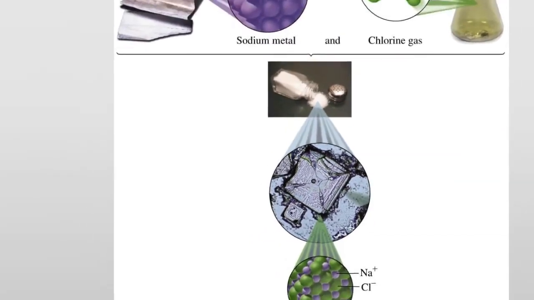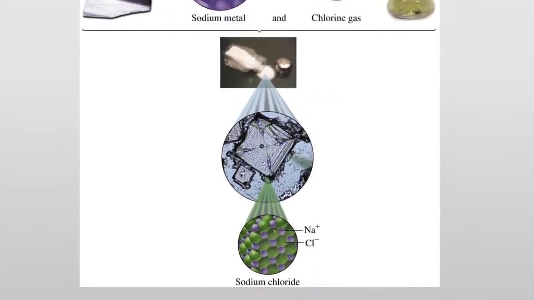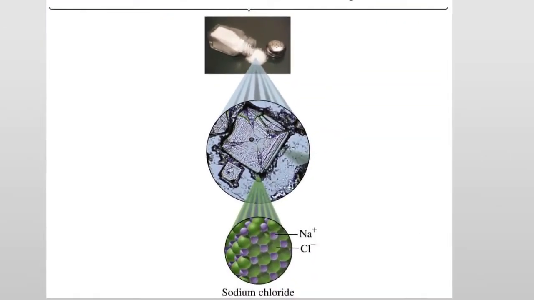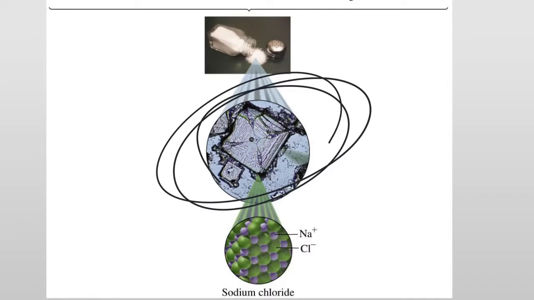And so you can see that here. We go from a metal solid and a green gas to a white crystal that we actually need in order to live. So you can't just base the properties of compounds on their elements. That's not what you do. But you can see there's a crystal structure here for table salt under a microscope.